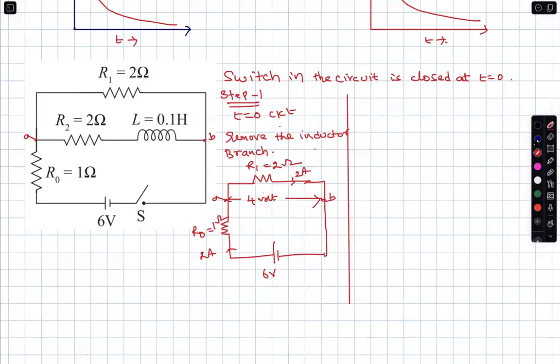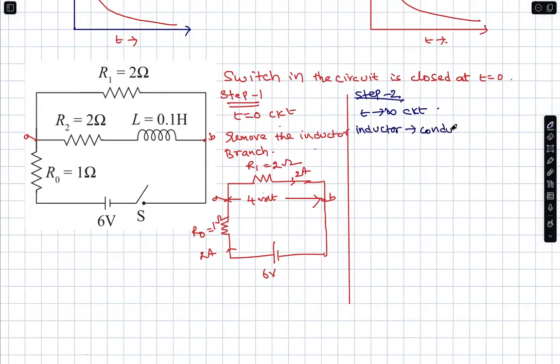Next, step 2: t tends to infinity circuit. At t tends to infinity, the inductor becomes a conductor. So now what is going to happen in that? This is 2 ohms.